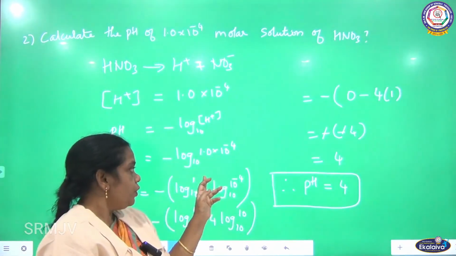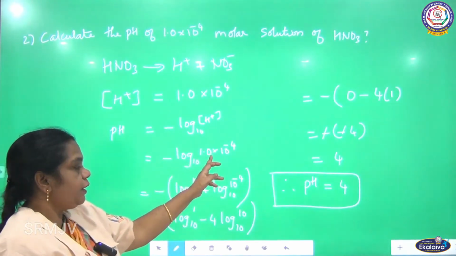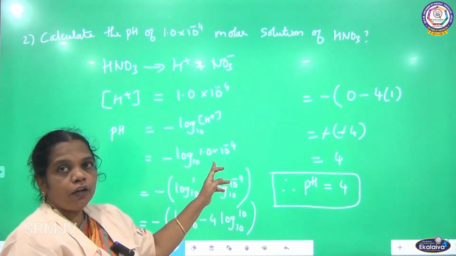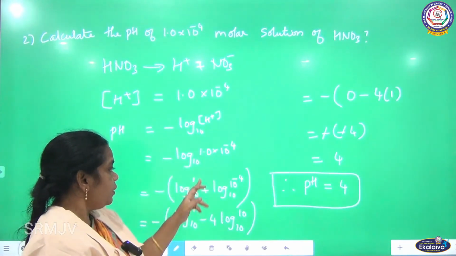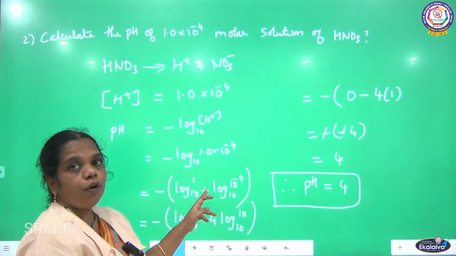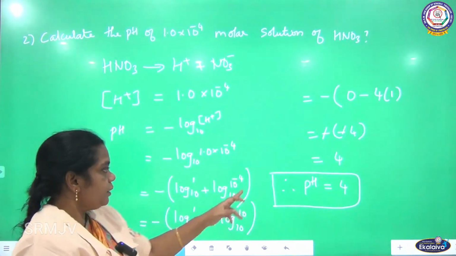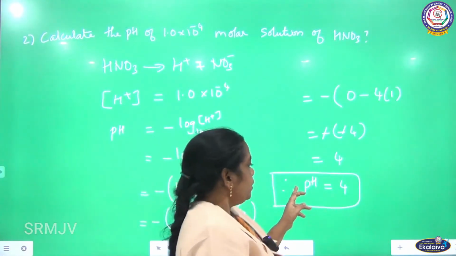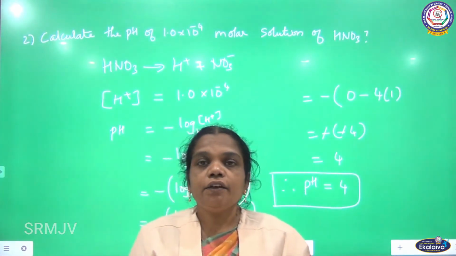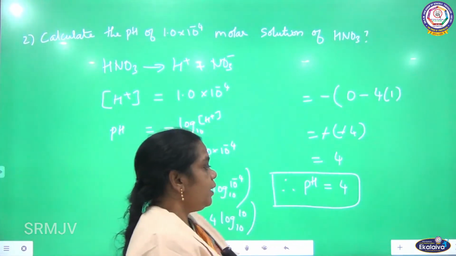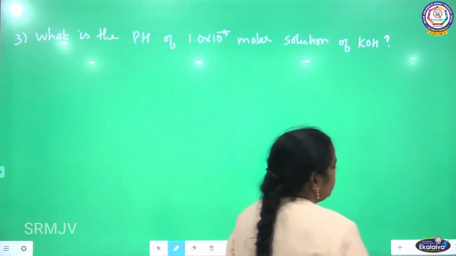You have to substitute that and apply the logarithmic product rule. Now if you have a product, that will be rewritten in the form of addition. So by this you have to find the pH. You find the pH as 4 for the given concentration. And the next problem we will see.